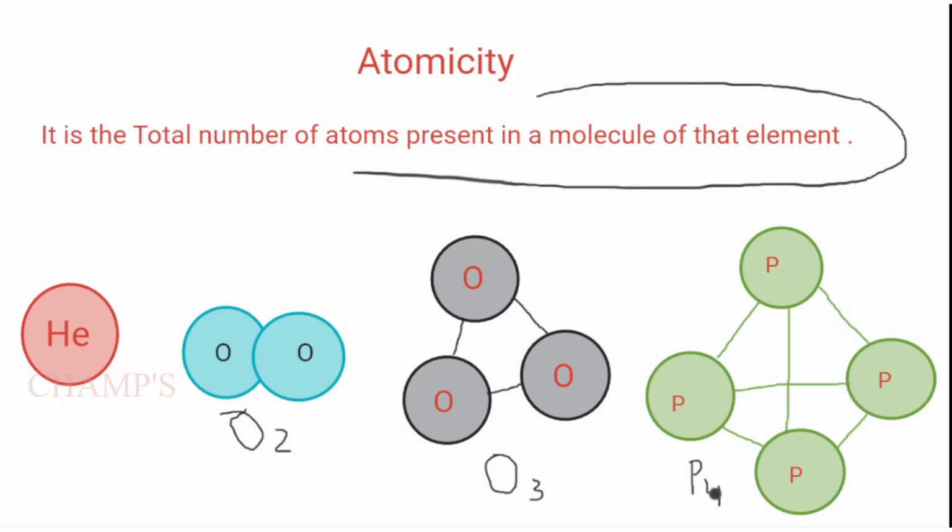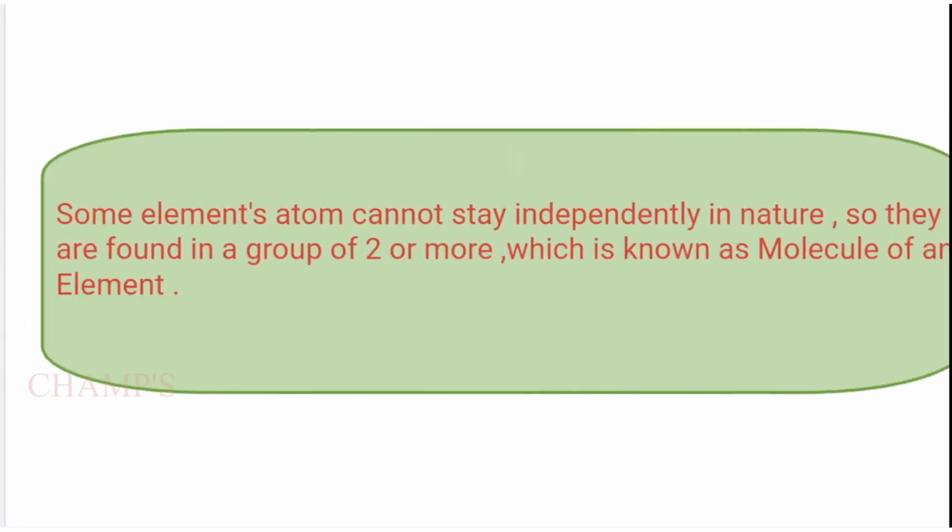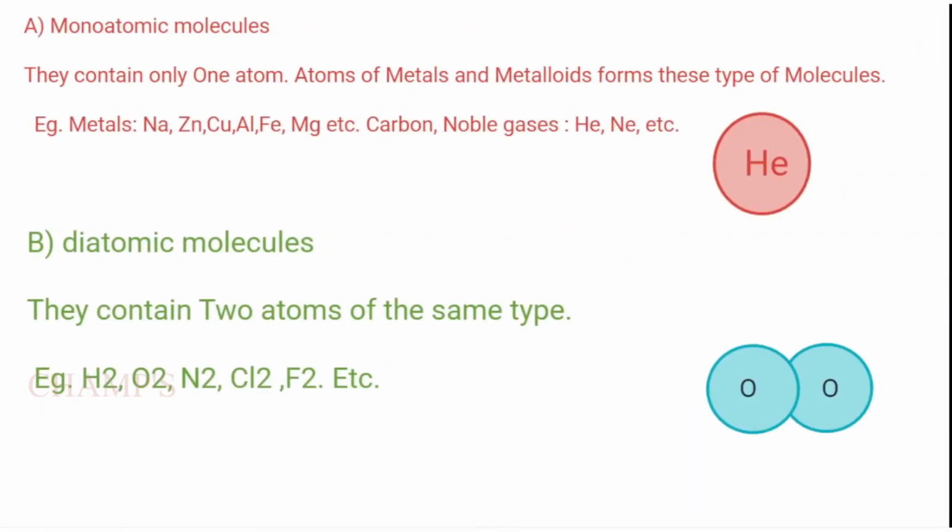Similarly, the elements can be divided based on their atomicity into 4 categories. Now let's see them. What is monoatomic? The word mono means one. That means the elements whose atom can stay independently in nature come in this category, that is, monoatomic molecules.